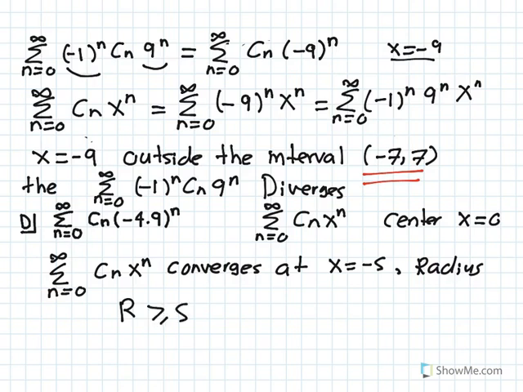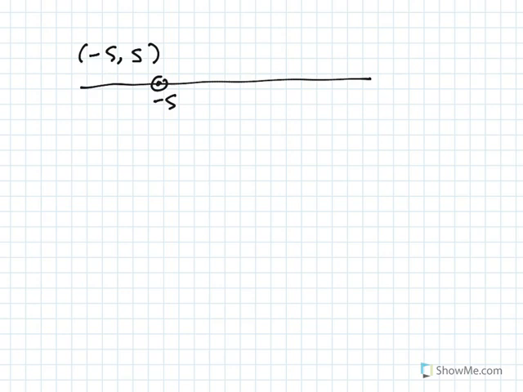So the power series must converge for all values of x in the interval negative 5 to 5. So here's the power series, here's the diagram. From negative 5 to 5, the power series must converge in this interval.